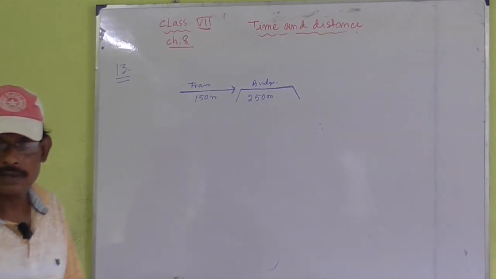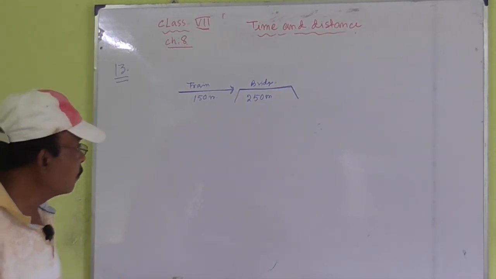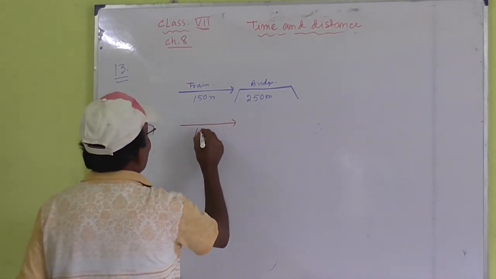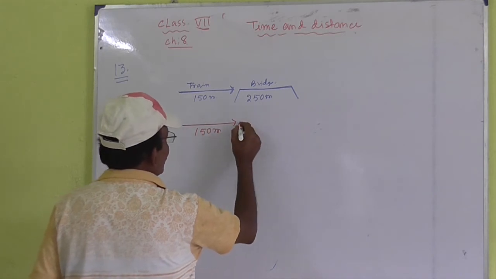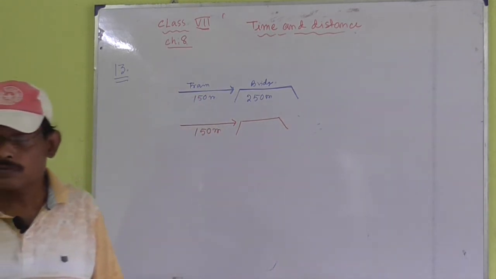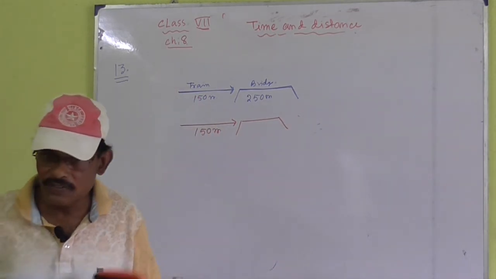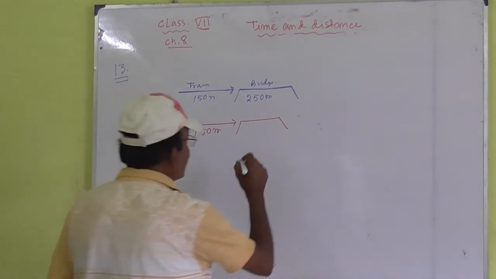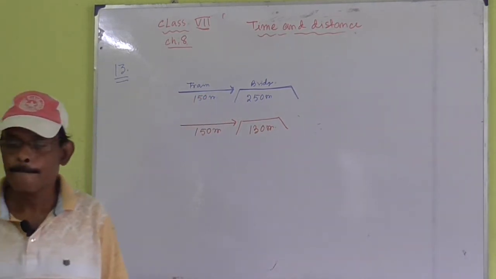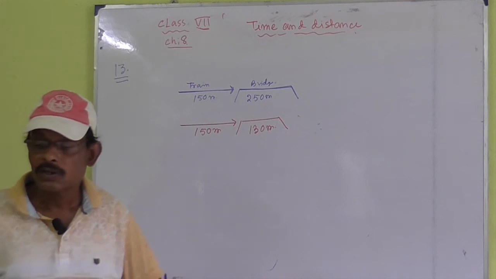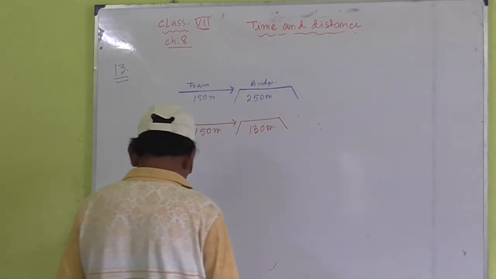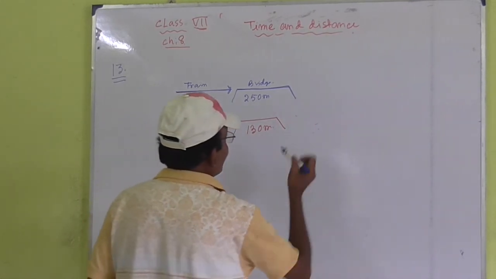Then another train, the same length, 150 meter, covers a bridge whose length is, sorry, not bridge, it is platform, 130 meter. Okay. Now, the time to cover the first is given: 30 seconds.